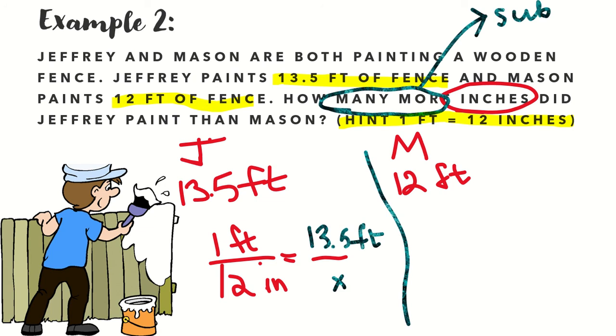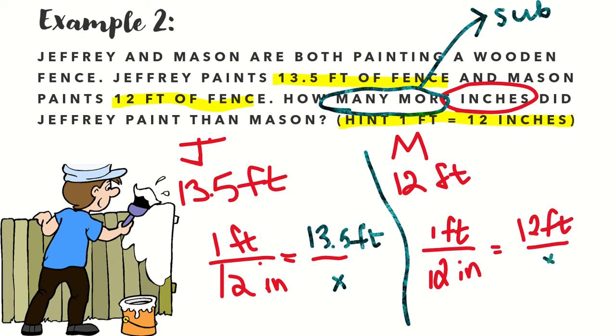We do the same thing for Mason. 1 foot over 12 inches. And so we know that 12 feet needs to go on the top. The conversion for inches will be on the bottom. Okay, let's solve. Mason's is easier. We can do this one first.